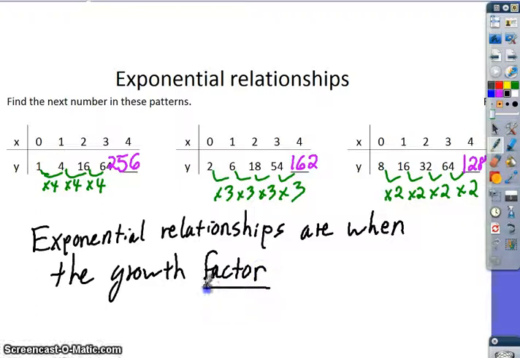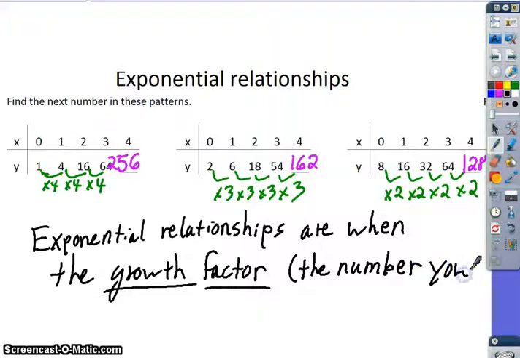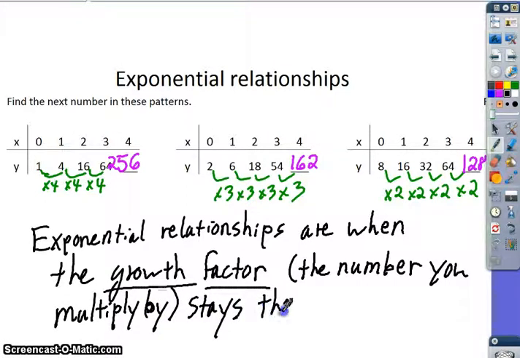When you're multiplying or dividing, we call it the growth factor. When the growth factor, which is the number you multiply by, stays the same or constant. Okay, I'll give you a minute to write that down.